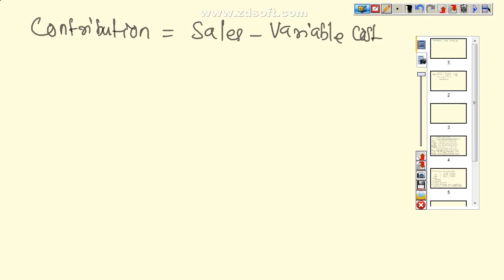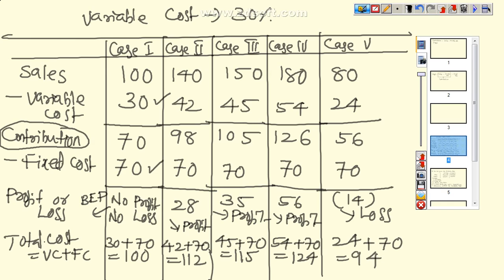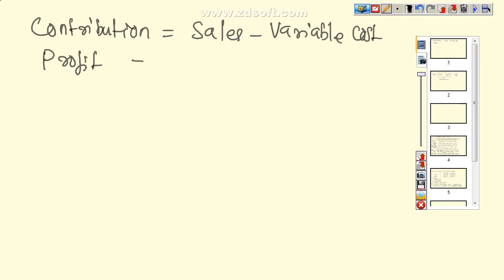Contribution is equal to sales minus variable cost, and profit is equal to, we can write it here according to this equation. How to calculate profit or loss? Contribution minus fixed cost. Profit is equal to contribution minus fixed cost.